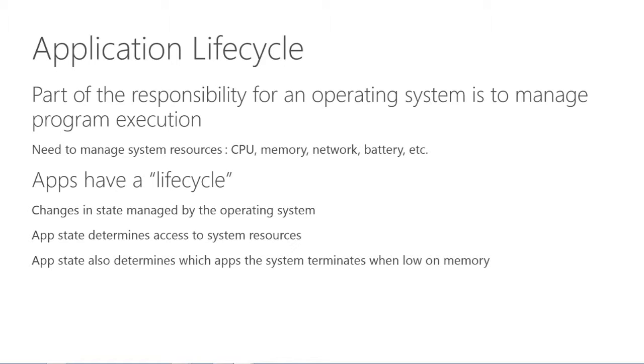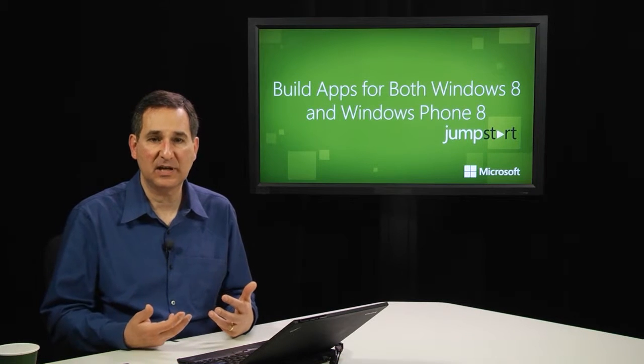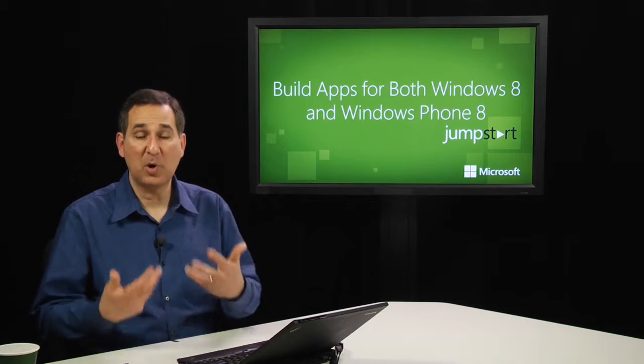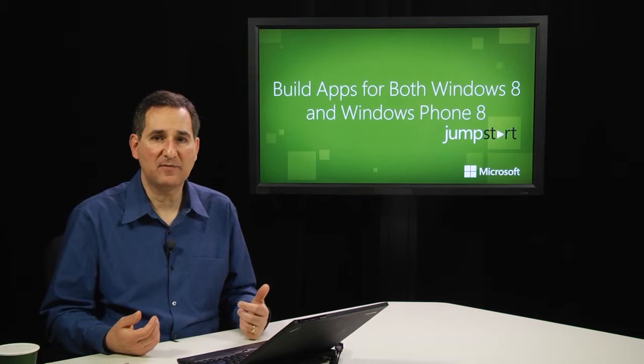The first area I wanted to talk about was the application lifecycle. Part of the responsibility of the operating system is to manage that. It does manage things like the CPU, memory, network, battery, all of that good stuff. And in order to do that, Windows 8 and Windows Phone 8 have a very specific life cycle that they've imposed on apps that are built for the platforms.